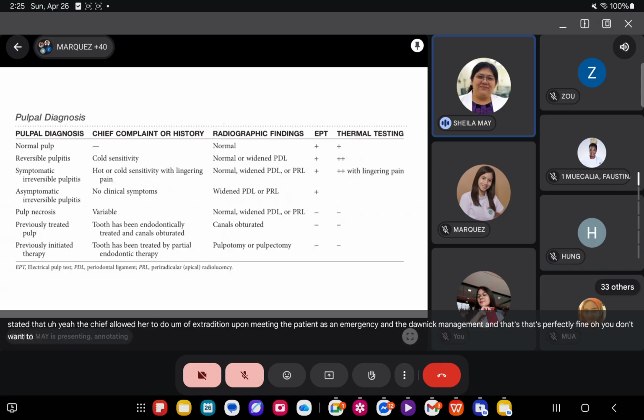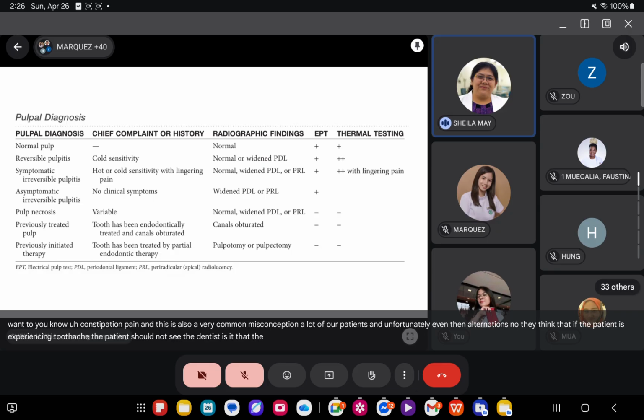You don't want to cause the patient pain, and this is also a very common misconception. A lot of our patients, and unfortunately even dental clinicians, think that if the patient is experiencing toothache, the patient should not see the dentist.